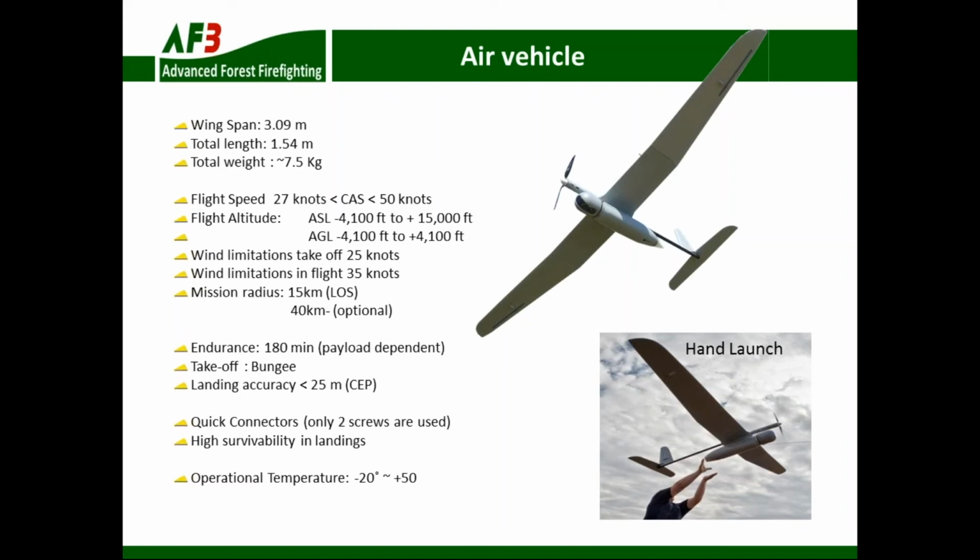The flight speed is 27 knots. Flight altitude can be from 4,000 feet to 15,000 feet, ASL or AGL. With a limitation on takeoff of 25 knots, and in flight of 35 knots.